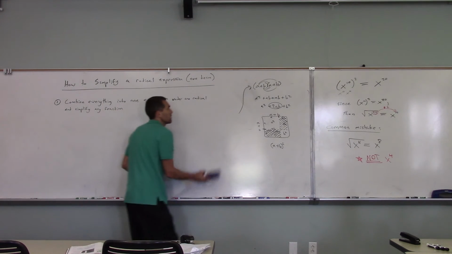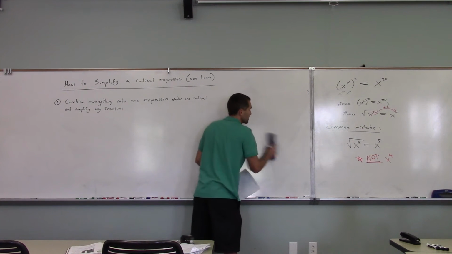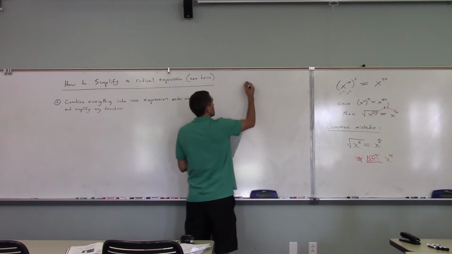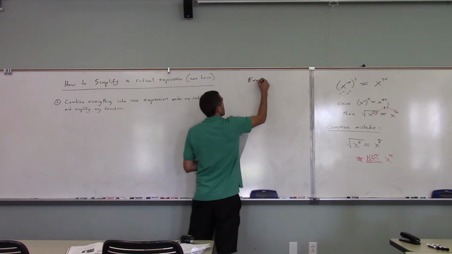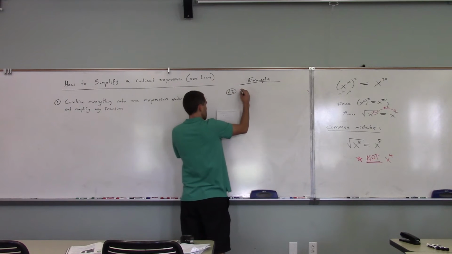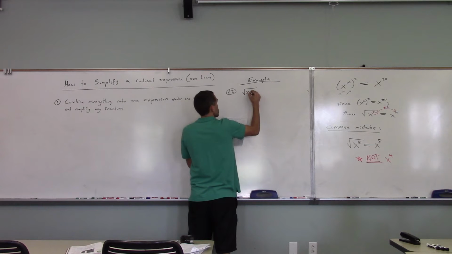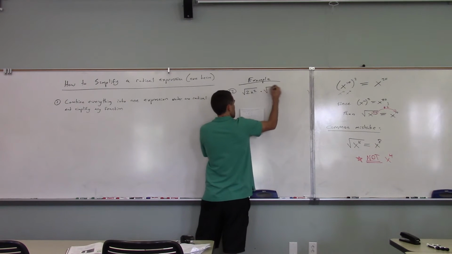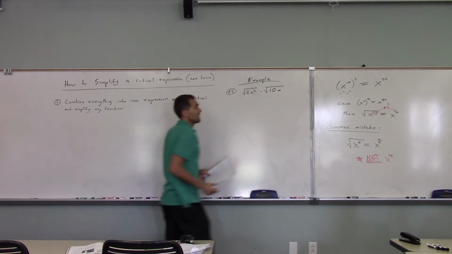Okay, so I'll write an example over here. I'm going pretty deep down in this section, so I'm going to start with 62. Number 62 is square root of 2x squared times square root of 10x.